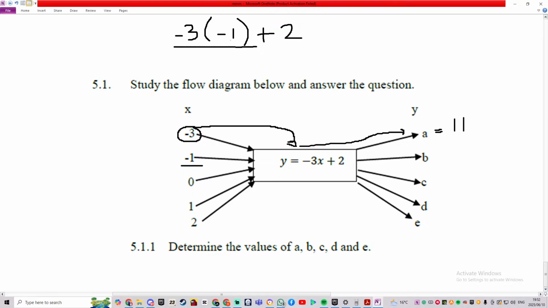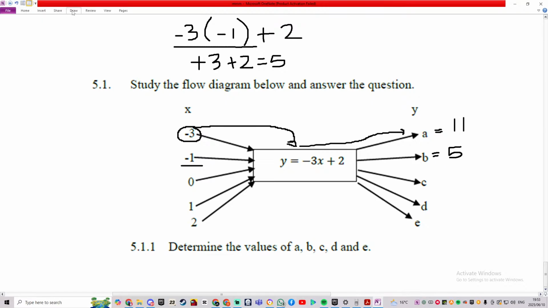Don't guess. What is 3 times 1? 3, sir. So if I have negative 3 times negative 1, it's going to be positive 3. Yes, do you know why it's positive? Because two negatives make a positive. Thank you. So that's plus 3 plus 2 as well. That's equal to 5. So this b value is equal to 5.